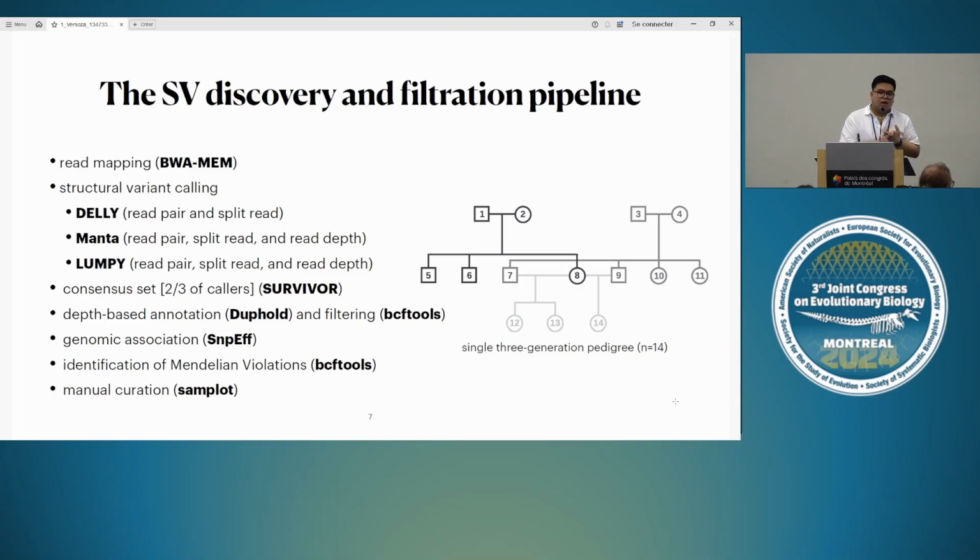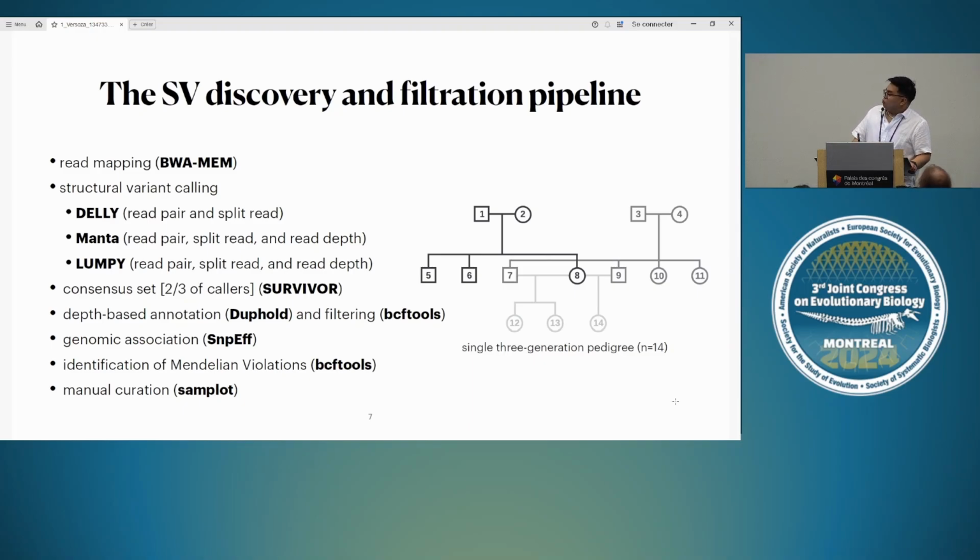We first mapped reads using BWA-MEM, and we used a trio of structural variant callers, namely Delly, Manta, and Lumpy. From there, we wanted to get a consensus call set using SURVIVOR, where we only retained structural variants that were called by 2 out of the 3.